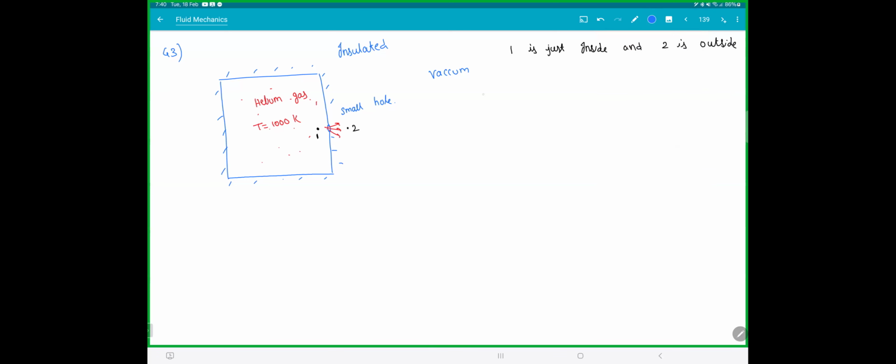So we have to use the modified Bernoulli. The equation is P plus rho GH plus half rho V square plus internal energy by volume is constant. So initially pressure is P. Height is 0. Velocity is 0 because you assume there is no flow inside.